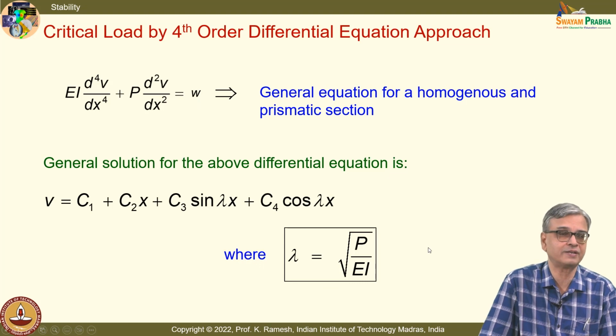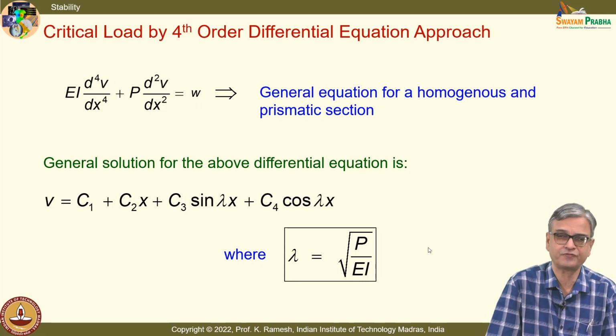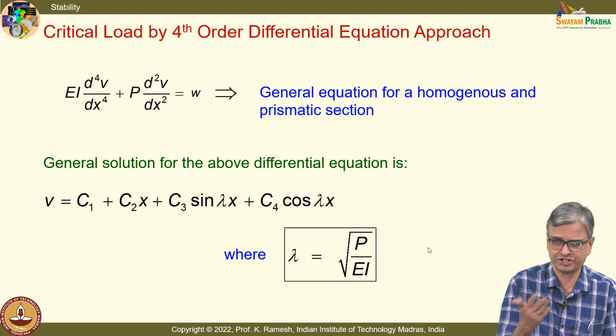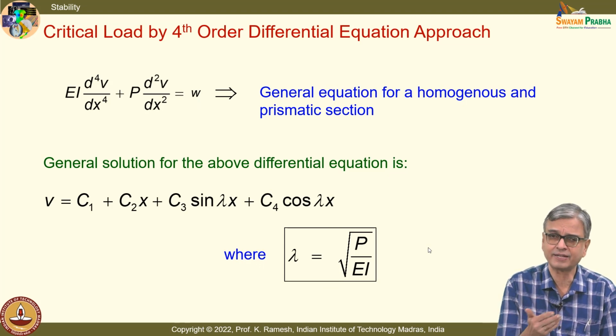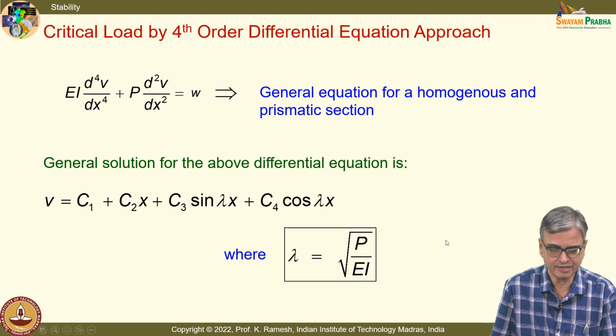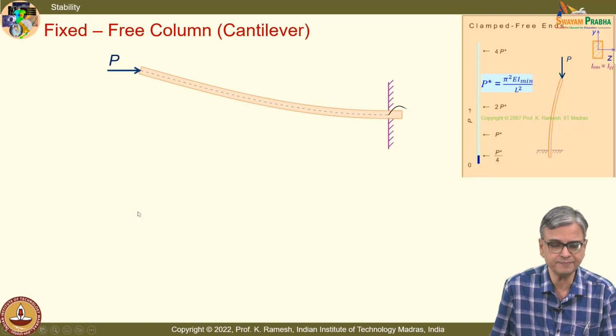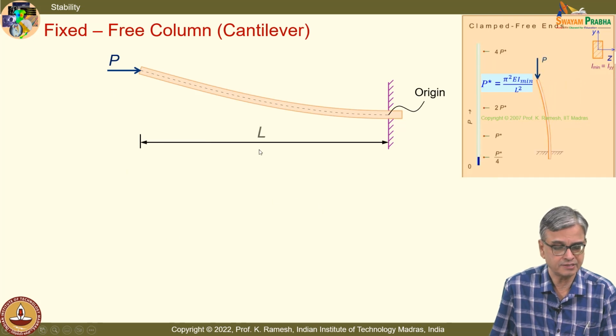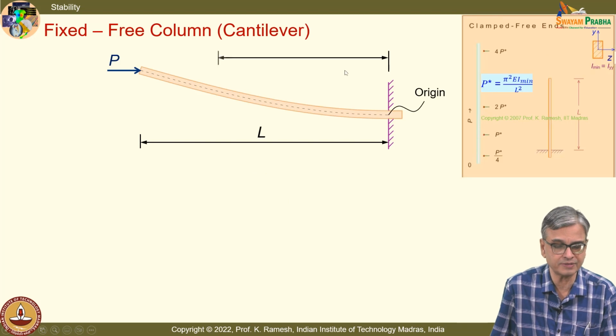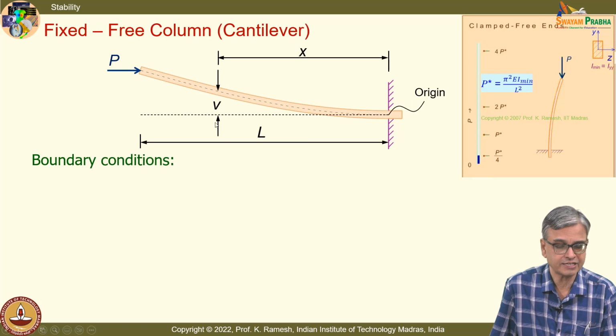So, what we will have to do is, we will have to go and analyze the fixed free, that is a cantilever beam, hinged. Likewise, we can analyze and we can evaluate the critical load. I have a fixed free column. So, the column is deflected under the action of the load P, and this is the length L, and you measure x from this, and you take a deflection as V, and you know the boundary conditions.